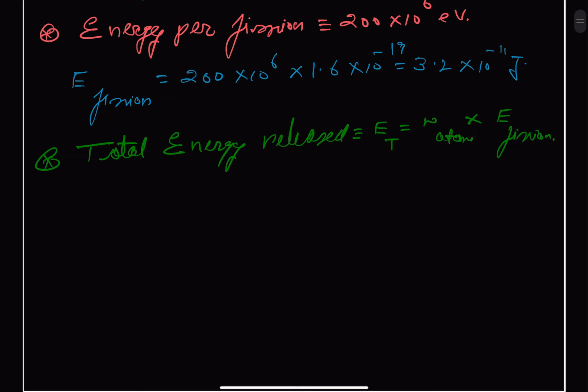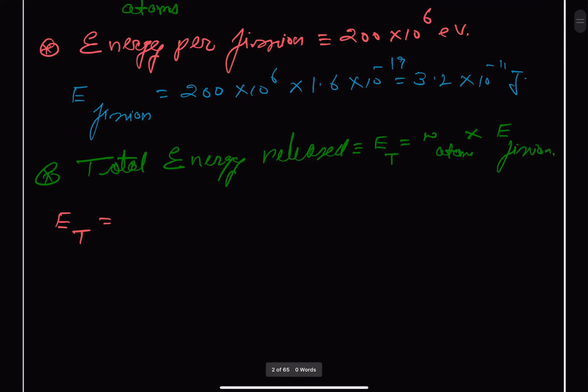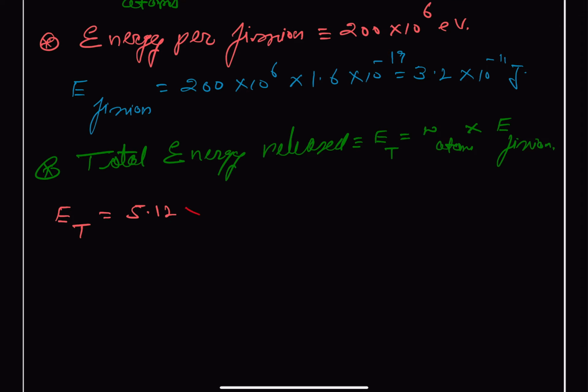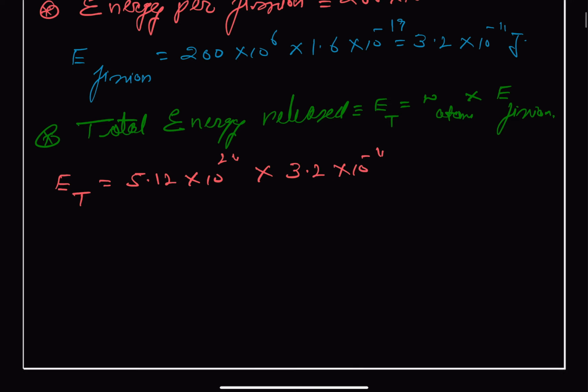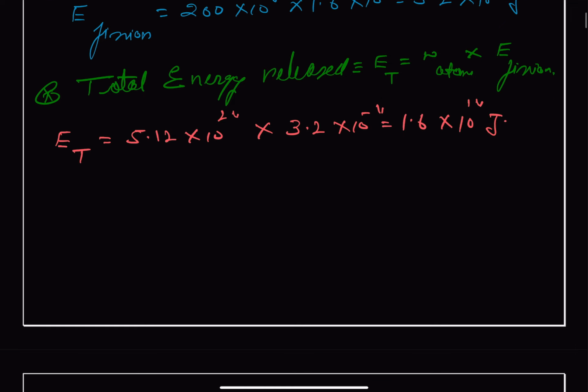So E total is equal to the number of atoms, 5.12 into 10²⁴, multiplied by the energy per fission, 3.2 into 10⁻¹¹. The total energy released will be coming as 1.6 into 10¹⁴ joules.